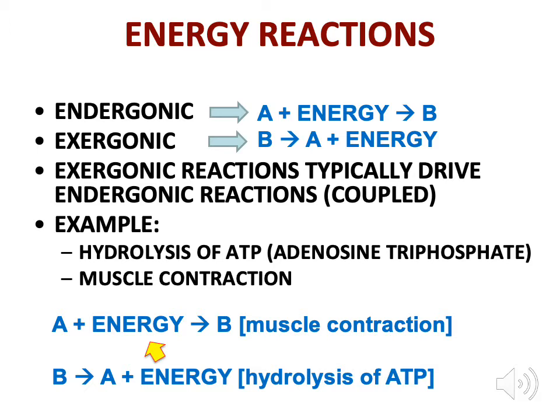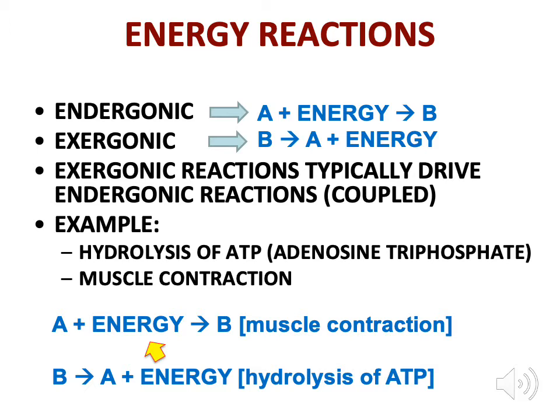Now, there's one more thing I will mention here, because it is going to be relevant to something we will be talking about a little bit later in this presentation, and certainly when we get into presentations on cellular respiration and photosynthesis. I think I probably mentioned this earlier anyway, and that is this. An example of an endergonic reaction is photosynthesis.